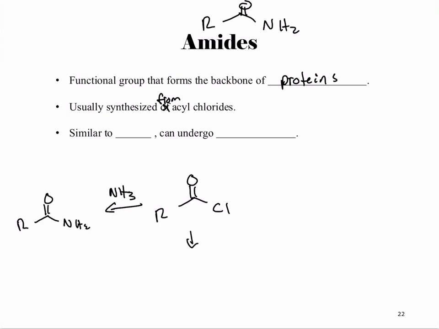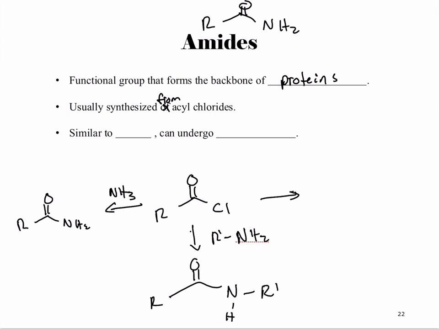If we have a primary amine, R prime NH2, as our nucleophile, this will give us a monosubstituted amide.